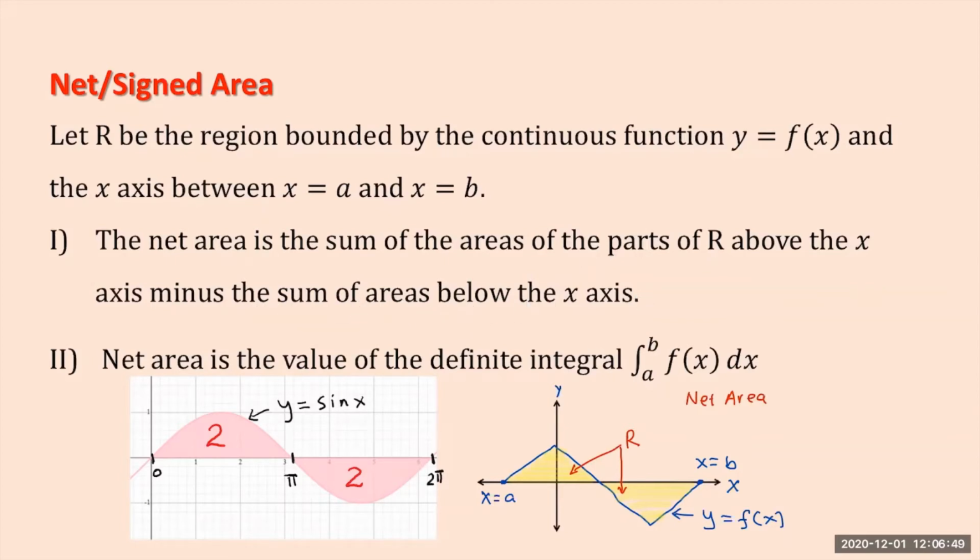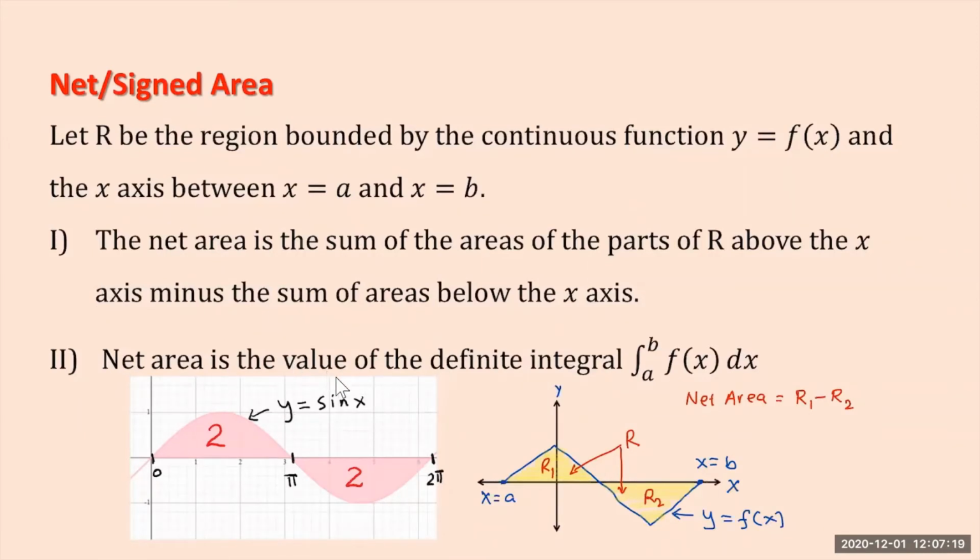That means if you add all the area above the x-axis, say it is R1, and all the area below the x-axis is R2, then the net area is all the area above the x-axis minus all the area below the x-axis. So that's how you can find the net area. Net area is R1 minus R2.